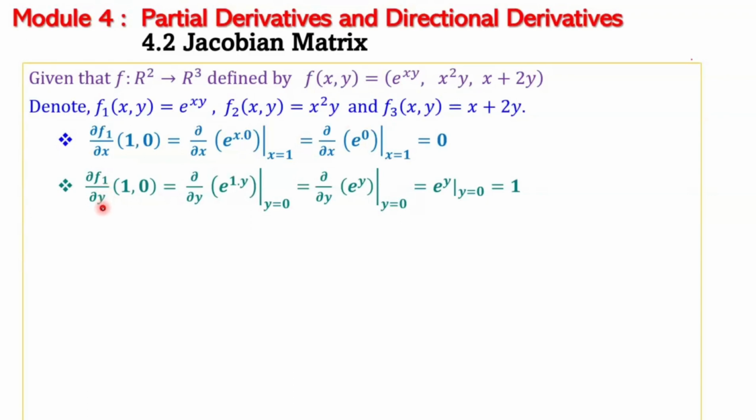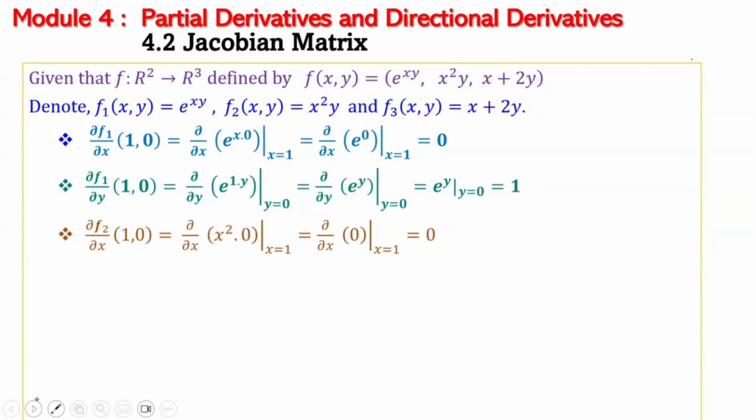We continue with respect to y for the component f1. In this case we keep x constant and y is the variable, and at the point y equals 0 the value is 1. So the matrix entry is 1.